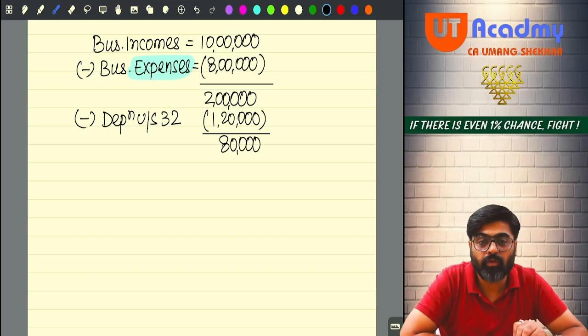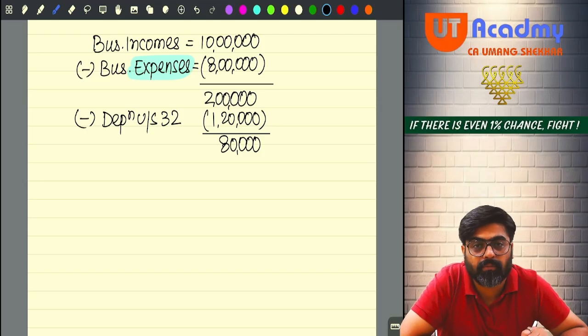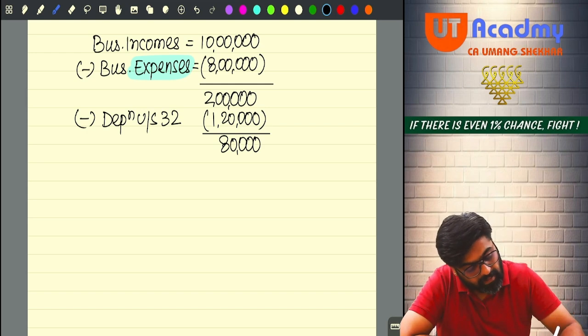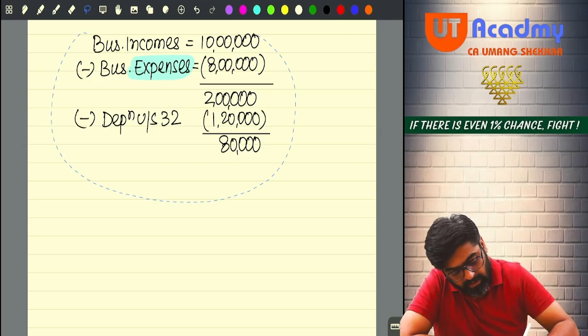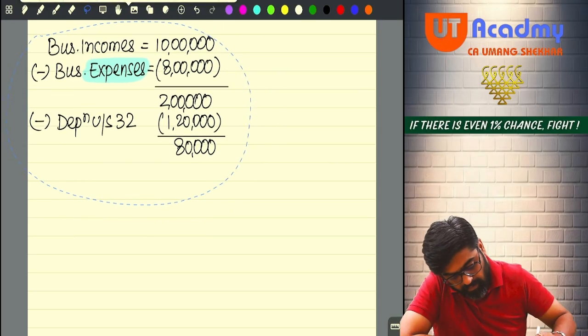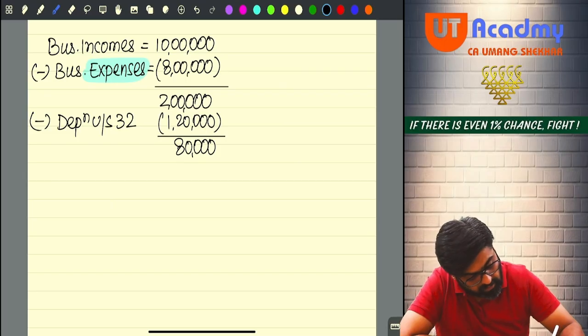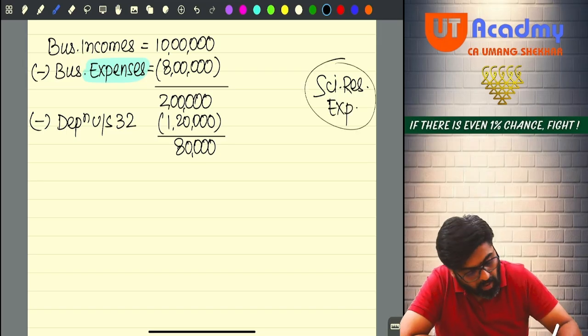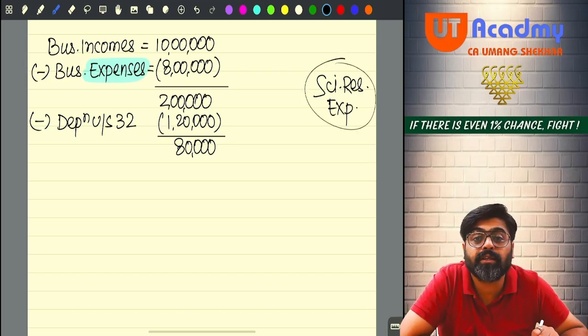Okay. Now you have capital expenditure, as well as revenue expenditure on scientific research. Expenditure on scientific research of what nature?